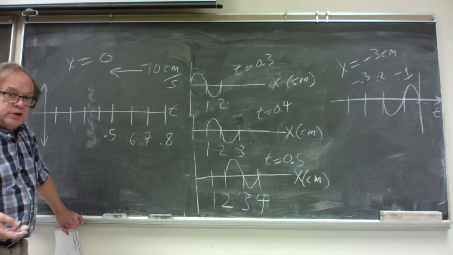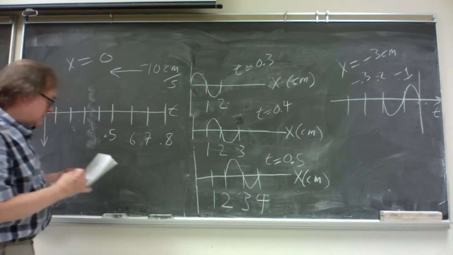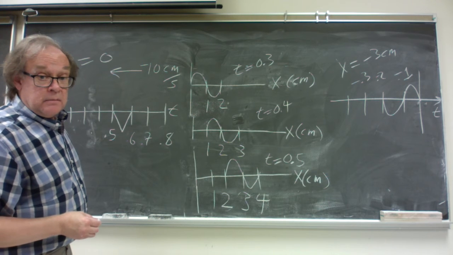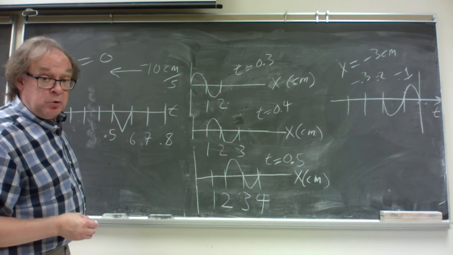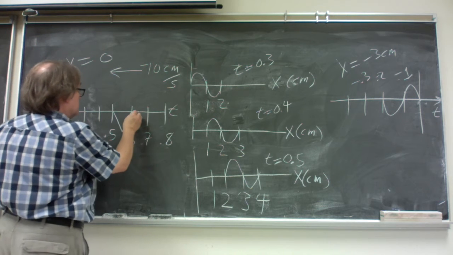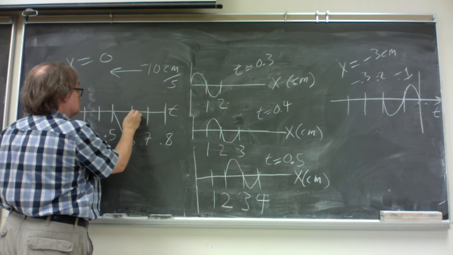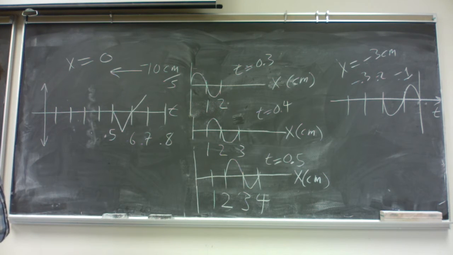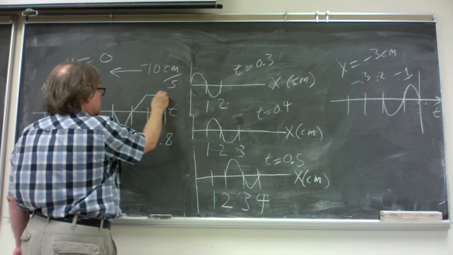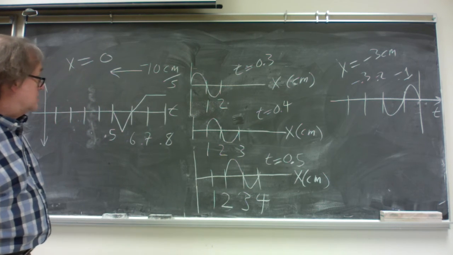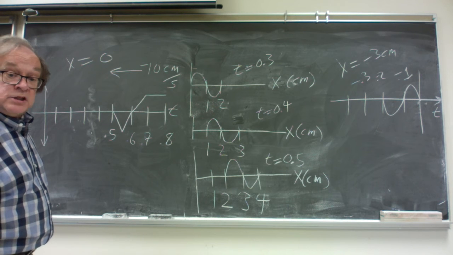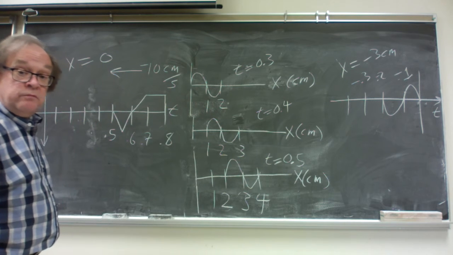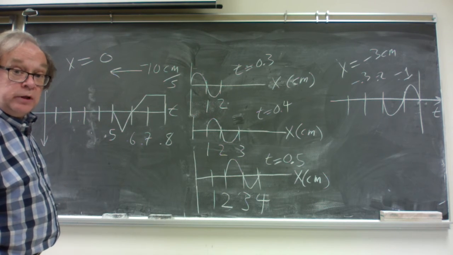And then things will be happening to that point for 0.3 of a second. Say the first thing is that it gets pulled to negative displacements and then pulled back to equilibrium, and then pulled up to a positive displacement, and then a constant displacement, and then very rapidly pulled back to equilibrium.